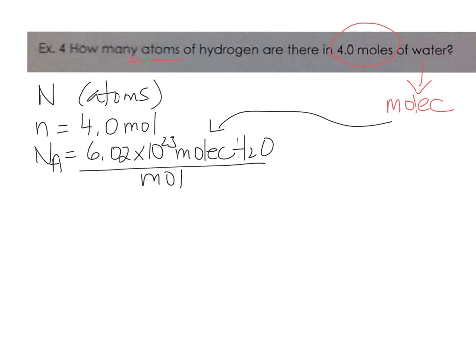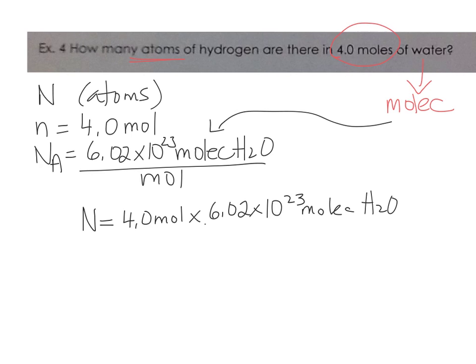So, big N is equal to 4.0 mole times 6.02 times 10 to the 23 molecules of H2O per mole.